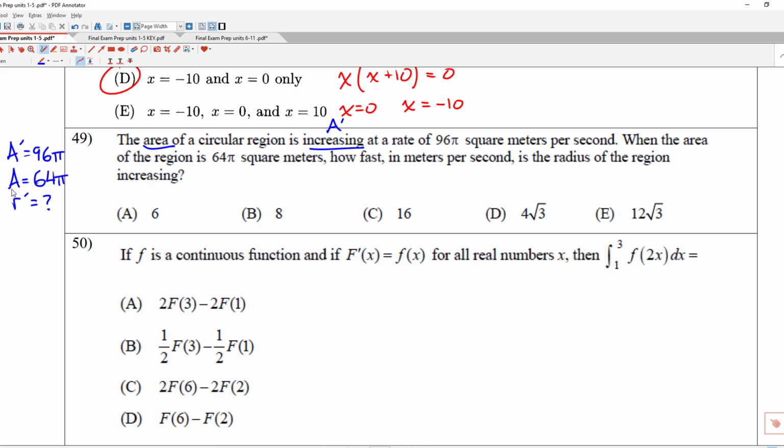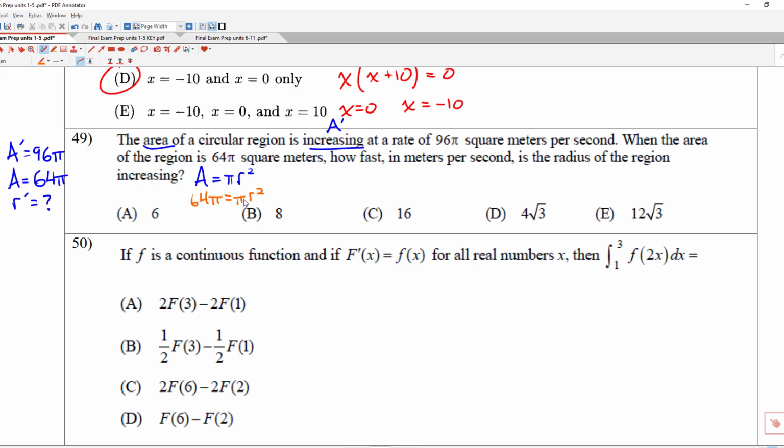All right, so we need two different formulas. I need a formula for A and a formula for A prime. So first, A, the area of a circle is pi r squared. Let's go ahead and plug in our A. So this is going to say 64 pi is equal to pi r squared.